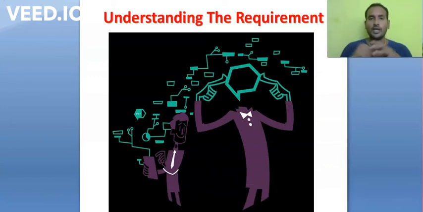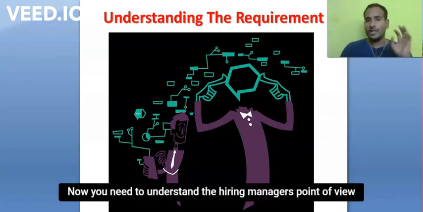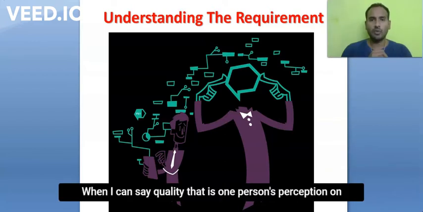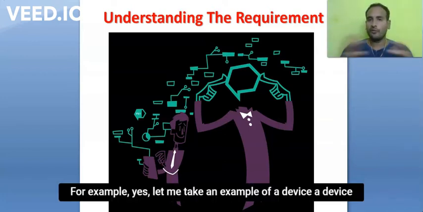All right. Now you need to understand the hiring manager's point of view, what exactly a quality candidate is that they can hire. When I say quality, that is one person's perception of particular things. For example, let me take an example of a device.